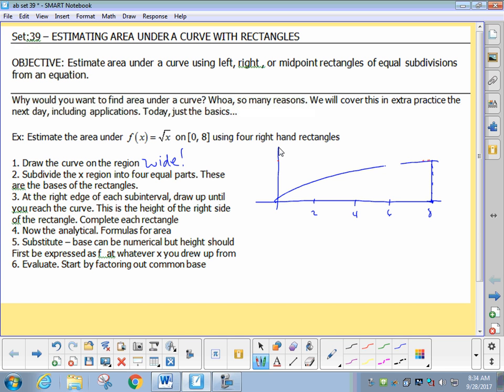So if instead of doing one rectangle here, I could do maybe one rectangle at 4, and then one rectangle here, and that would be a little better estimate because this area here where I'm getting error would be less, right?